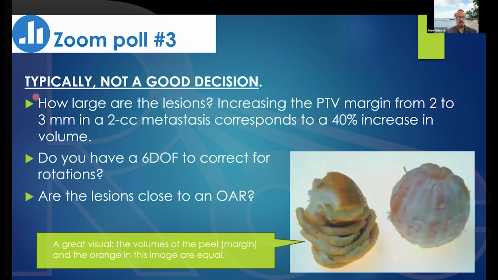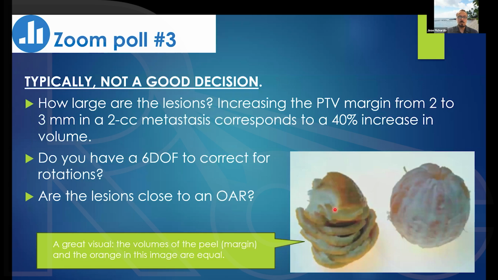And the other question is, are the lesions close to an organ at risk? So I love this picture. I cannot remember where I got it from, and I feel bad about not giving credit to the person who created this image. But this is an image of an orange and the peel, and the volume of the orange is the same as the volume of the peel.